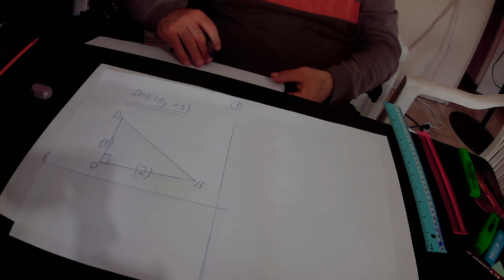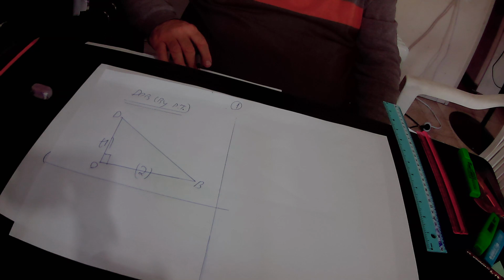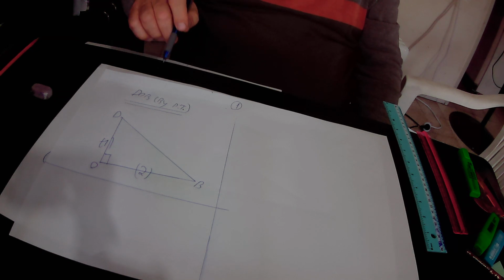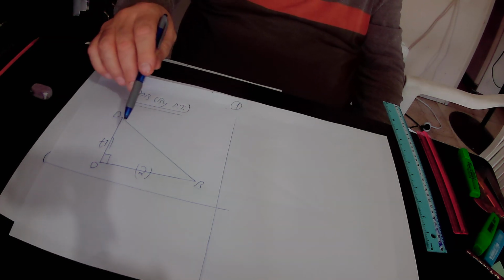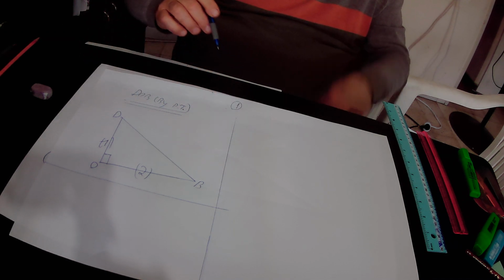So actually, this is the right triangle, triangle DOB, according to the original drawing. According to the Pythagoras theorem, in this right triangle DOB, DB square equals DO square plus OB square.